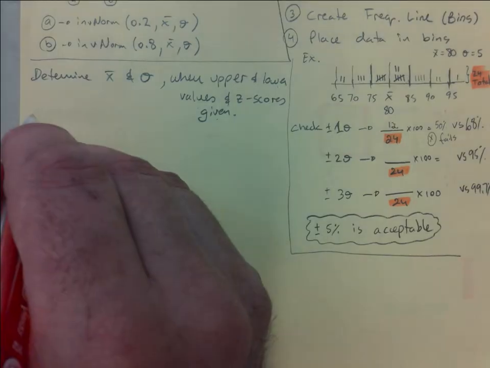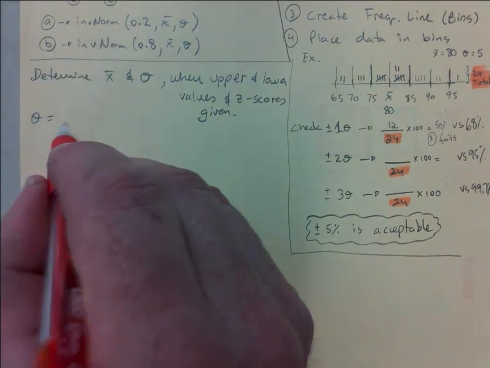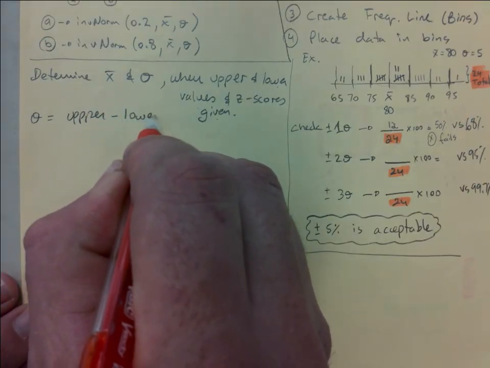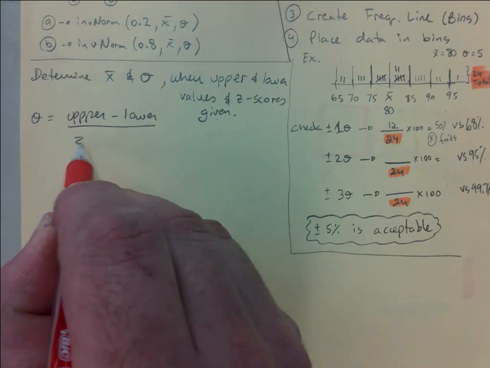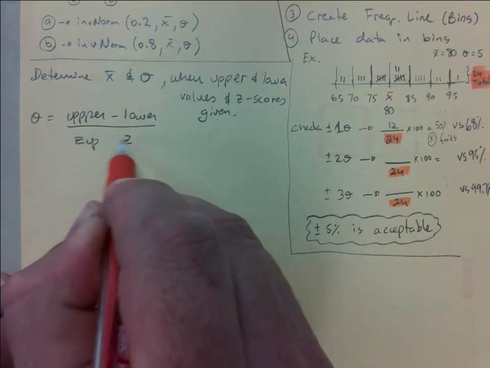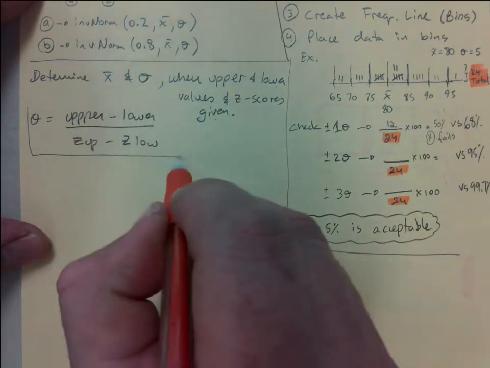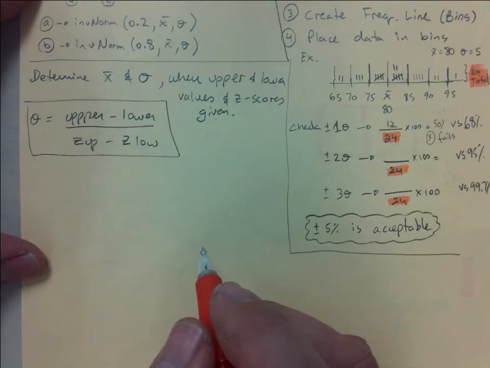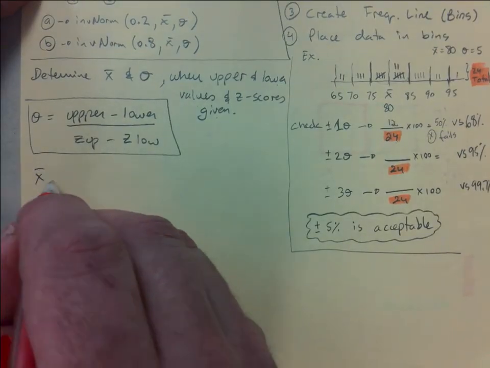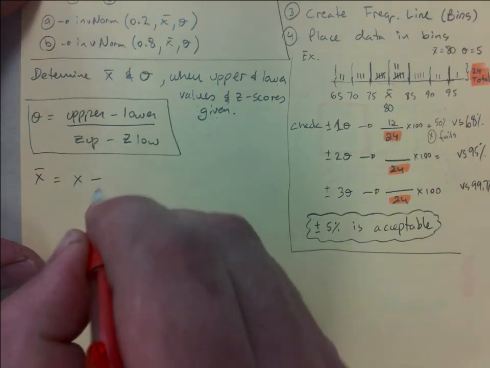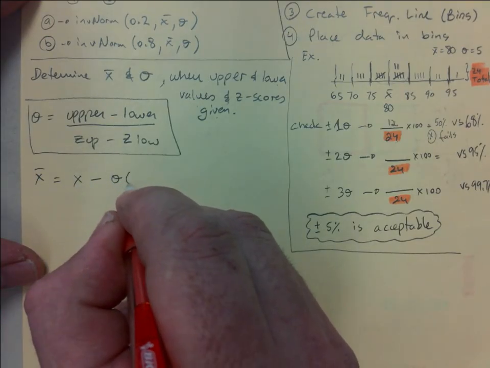Okay, so you want to first do this: upper, lower, z up, minus z low. You start with that. To find the mean, we go x plus standard deviation times z.